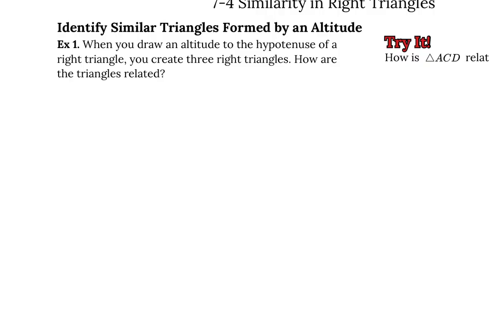Okay, so I'm going to create a right triangle. Okay, so I have a right triangle, and it's telling us that when we draw an altitude to the hypotenuse of the right triangle, then we create 3 triangles, 3 right triangles.